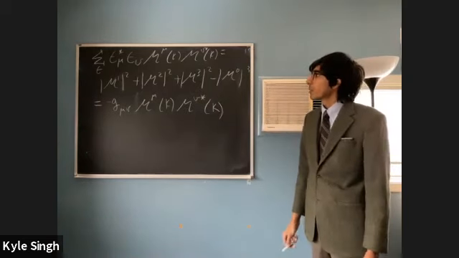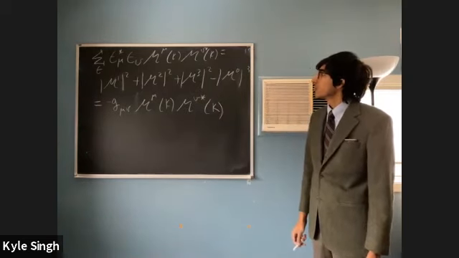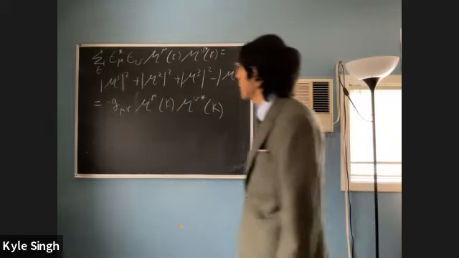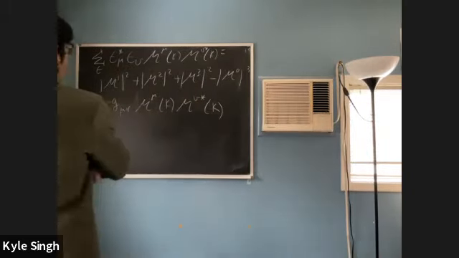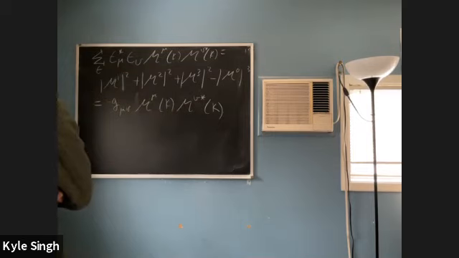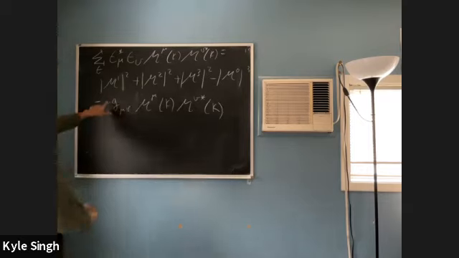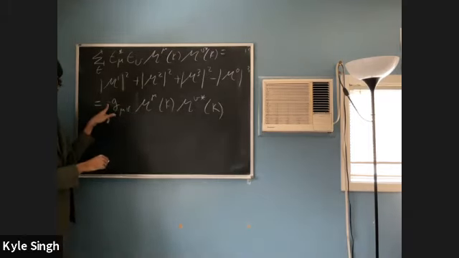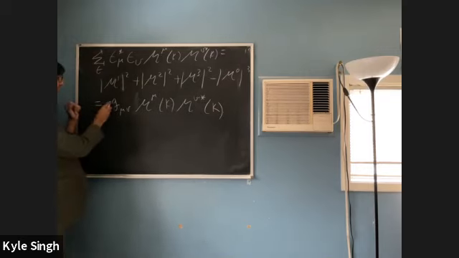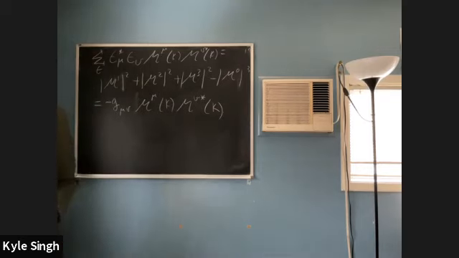These are all equivalent. Actually, wait a second. Why do I have a minus in front of g mu nu? I would be suspicious about this. It might have worked in one calculation. I'm suspicious about this. Just letting you know. I think I might have made one sign error there, but that's okay.